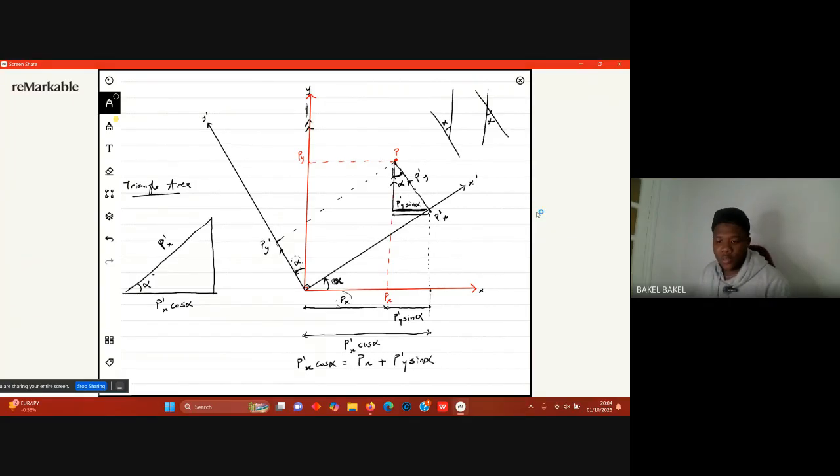Does this make sense? Rewriting, px would be equal to p prime x cos alpha minus p prime y sine alpha. Now we'll hold this and keep it somewhere.